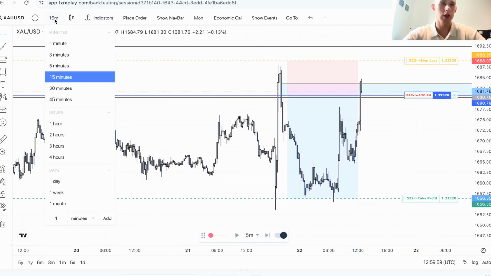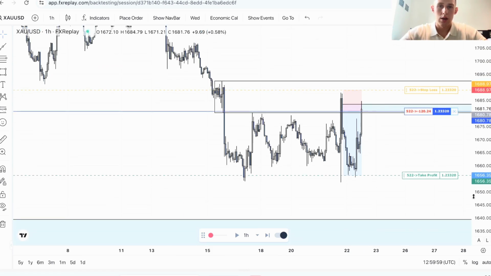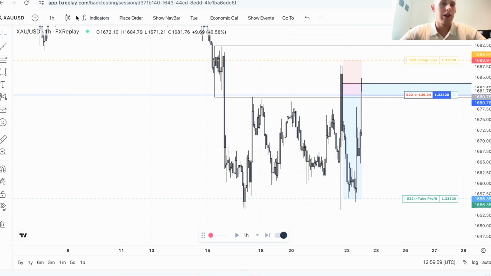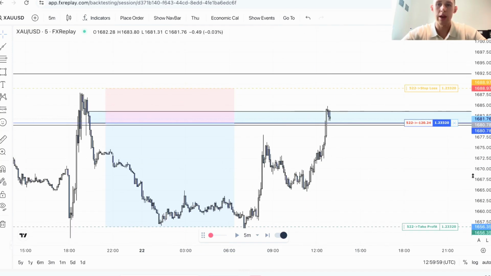All right, so trade is tagged in. Not really liking the look of that actually, but we'll keep the trade. See how it reacts here.